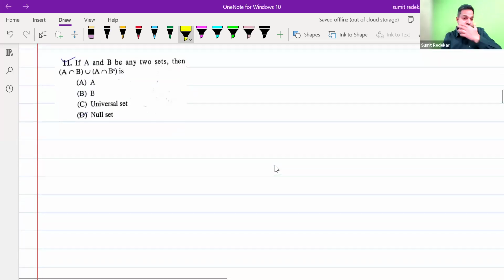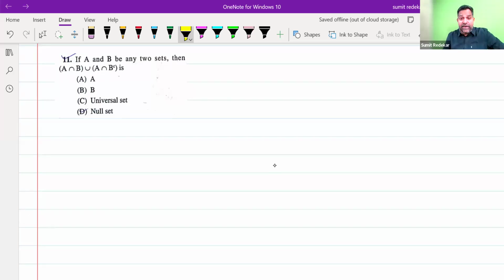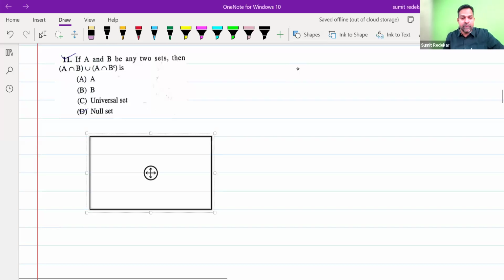Moving on to question number 11. A very good question. They want you to unite A and B along with A and not B. If you want to unite A and B with A and not B, what we are going to do is draw a Venn diagram and see what it is that they want you to unite.